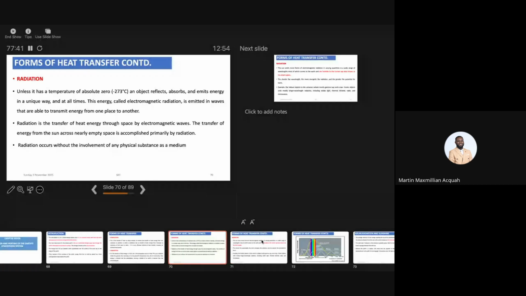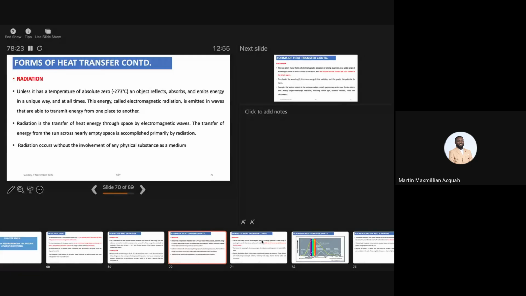Radiation. Transfer of heat in space or in vacuum.